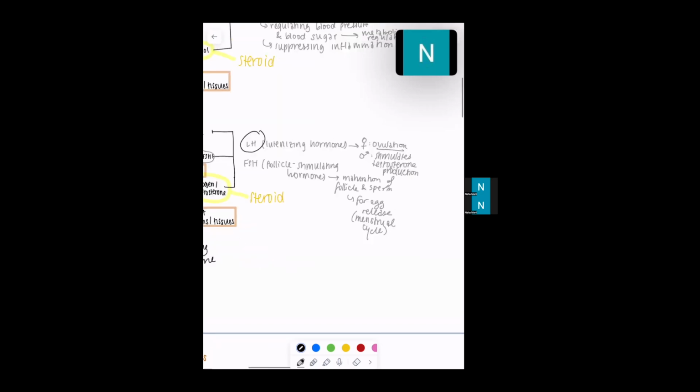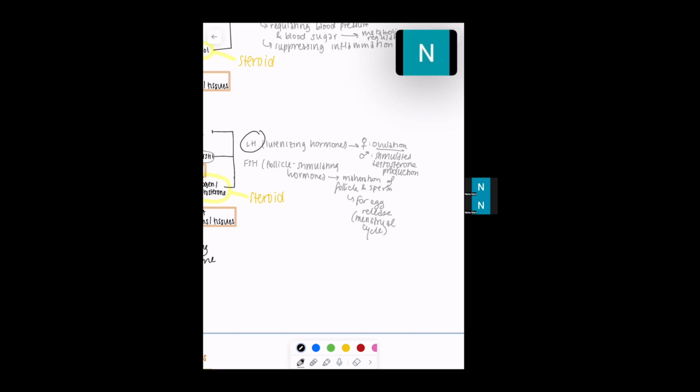So follicle stimulating hormone is important for the maturation of the follicle and for sperm in biological males and in the follicle for biological females. And this maturation of the follicle in biological females is important for egg release, which is called ovulation.